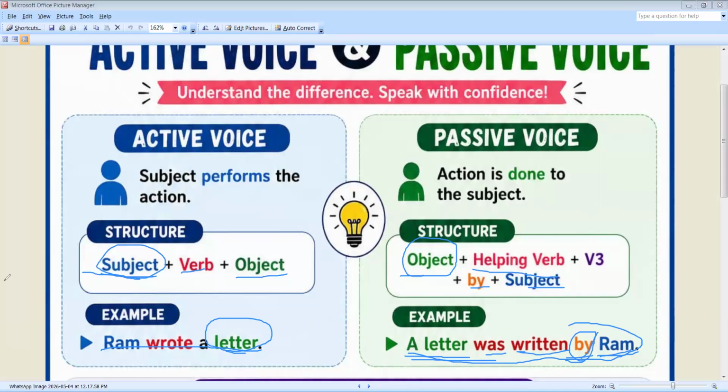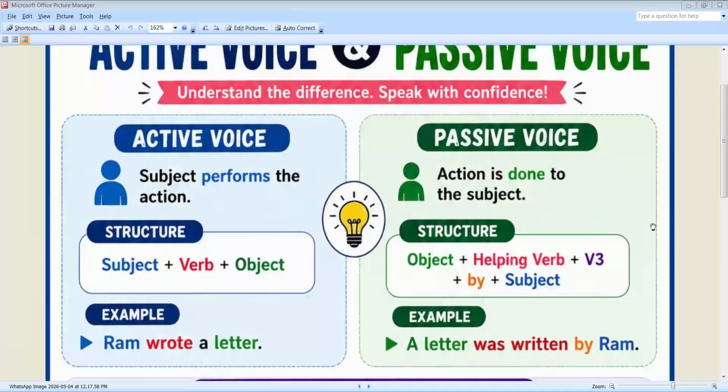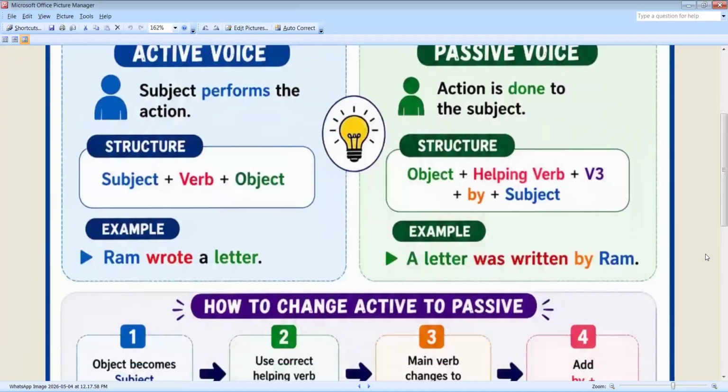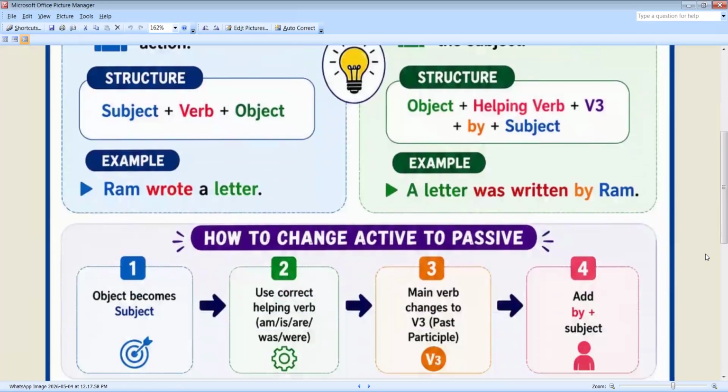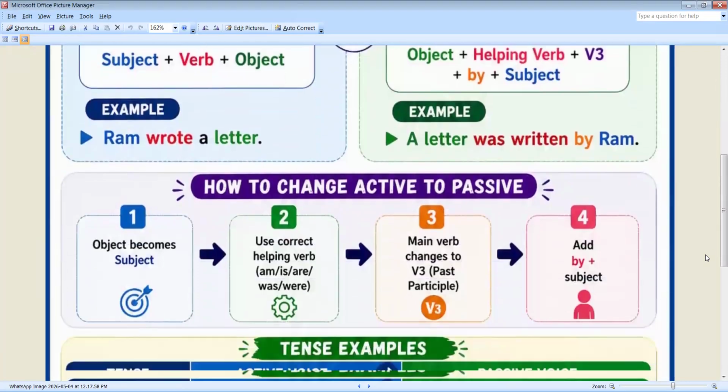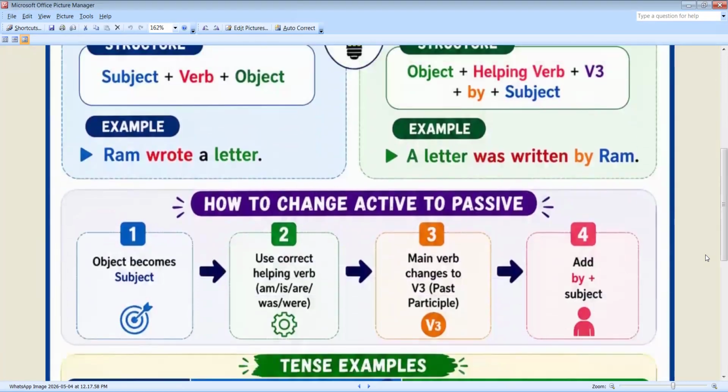Let us go to how to change active to passive. It is important to remember. Very simple. As I said, the object becomes the subject.